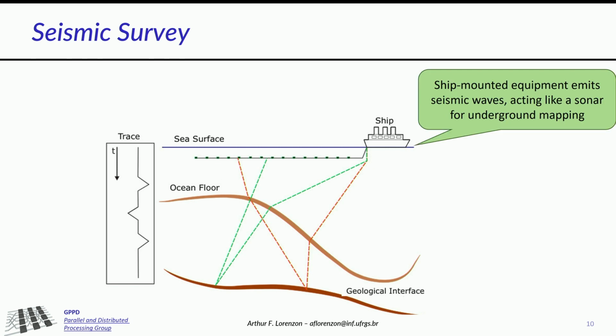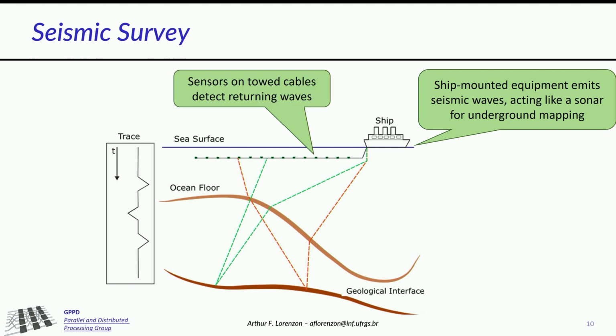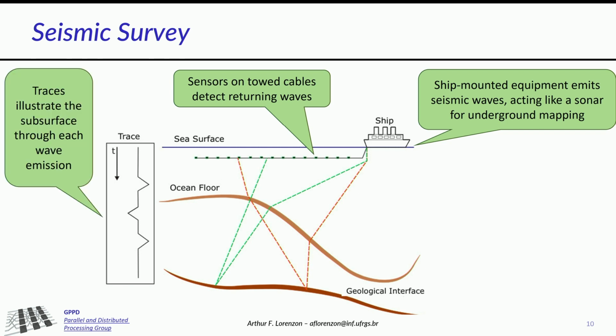There is this equipment that emits seismic waves from the ship that will reach the ocean floor and geological interface, and it will return. The towed cables here will detect these returning waves, which will produce this trace that is responsible for illustrating the subsurface through each wave emission.